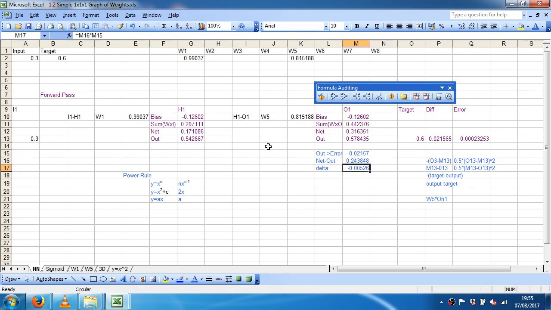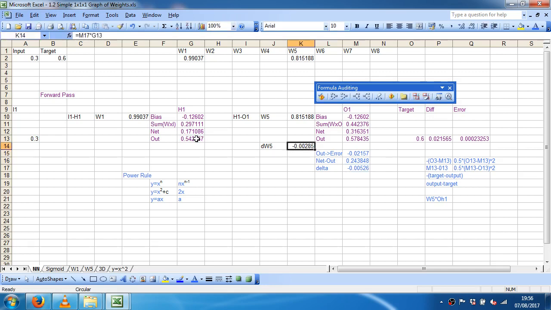Right, and then what I can work out is the delta in weight 5. So the overall gradient from here back to here is basically that value multiplied by that value. So we can do that by equals the delta times the output of the previous node.